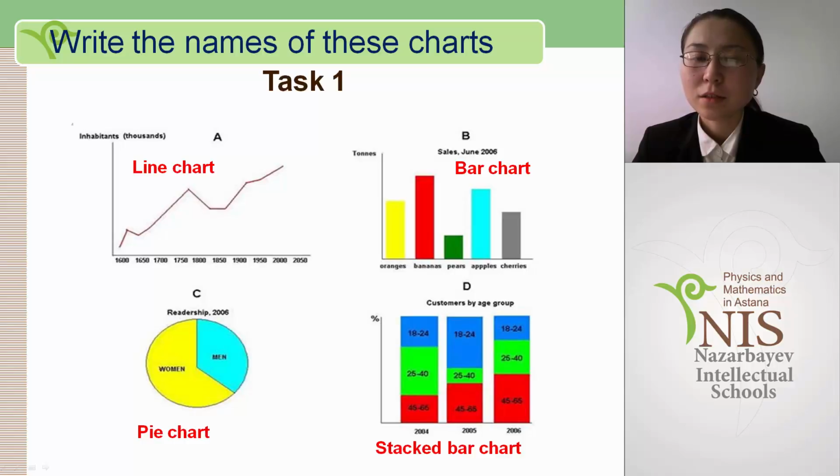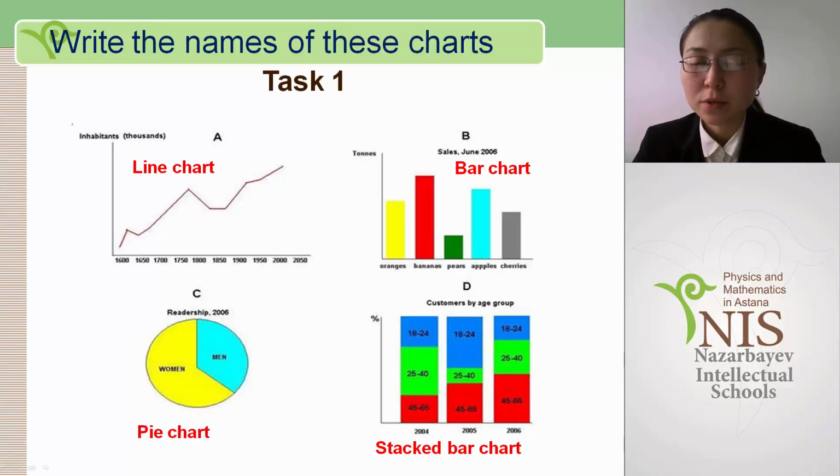This is a stacked bar chart. By the way, do you know what is the difference between a bar chart and a stacked bar chart? Yes, you're right. A stacked bar chart can contain several pieces of information in one bar. And now let's move on.